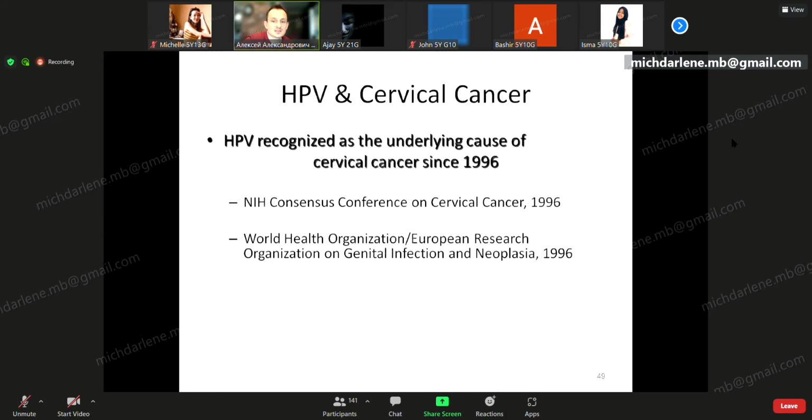It was recognized from 1996, and only 25 years we know information that human papillomavirus plays serious role. And after recognizing, we got normalization of the situation with cancer of the cervix in the world.